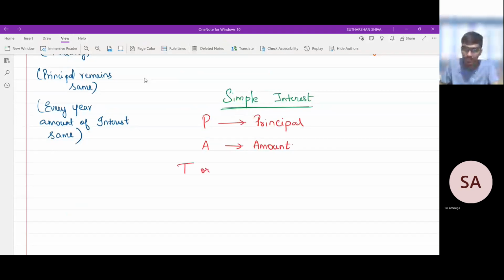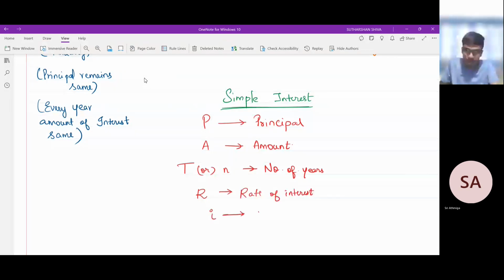T or N indicates number of years. You already learned all this in your 8th, 9th, 10th curriculum, so there is nothing difficult in this chapter. R indicates rate of interest. I indicates R divided by 100.